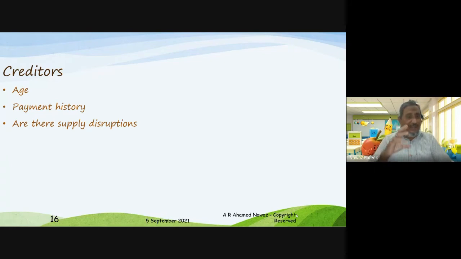And see whether any creditor is making a demand for early settlement. Any creditor making a demand for early settlement will give an indicator for your arrest. A creditor may not trust the customer. If a creditor makes an early demand, that is a symptom of the customer's inability to service the creditors.